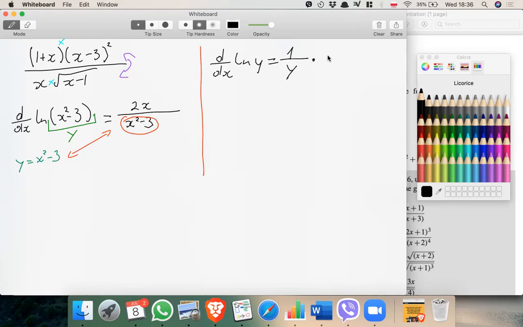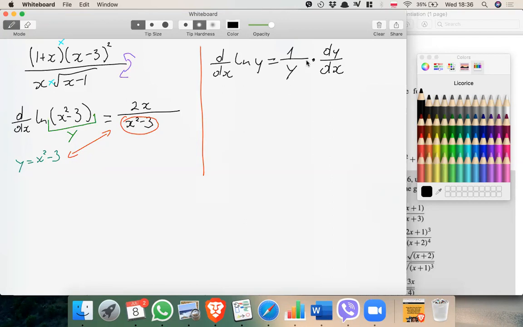So we have 1 over y multiplied by dy dx. dy dx is the derivative of whatever is in the natural log.